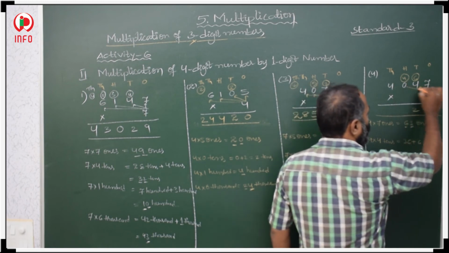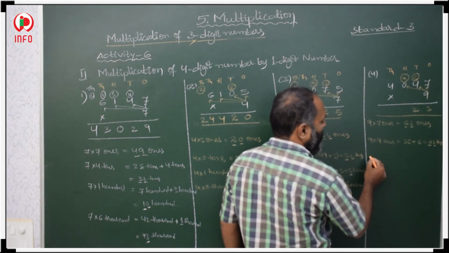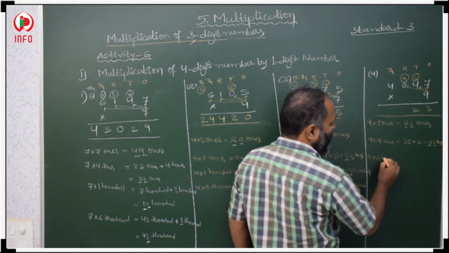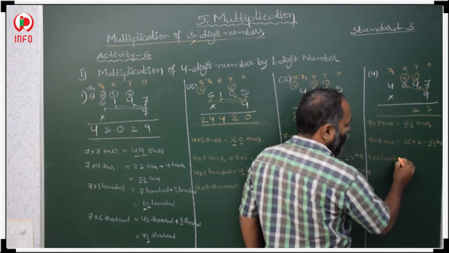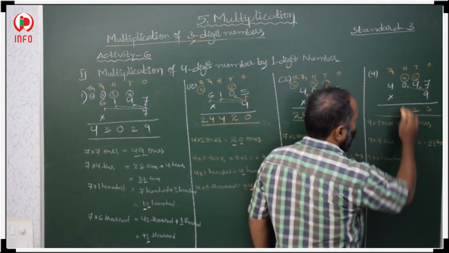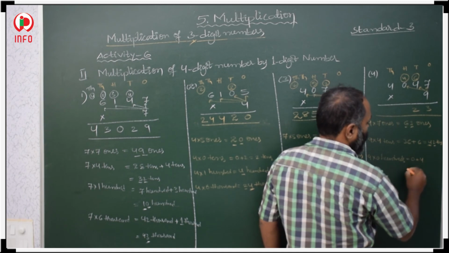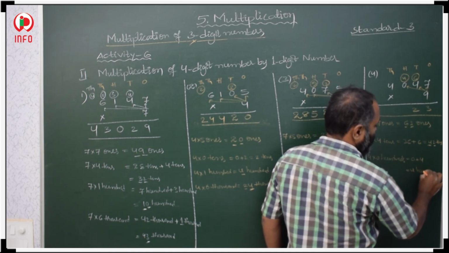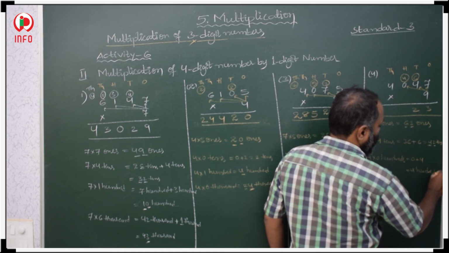Now 9 with hundreds place, 9 into 0 hundreds, 9 zeros are 0, what is carry over? Plus 4, 0 plus 4, 4 hundreds, 4.